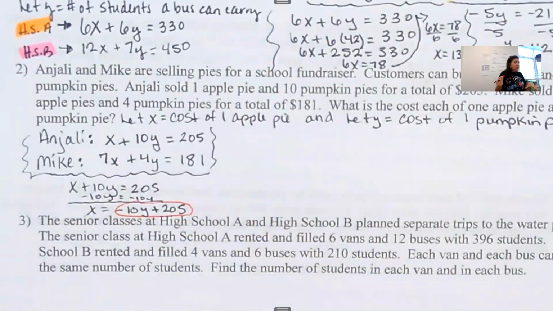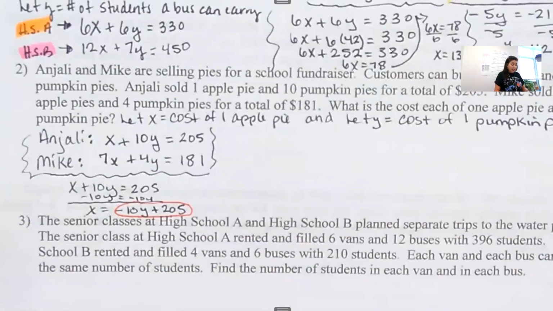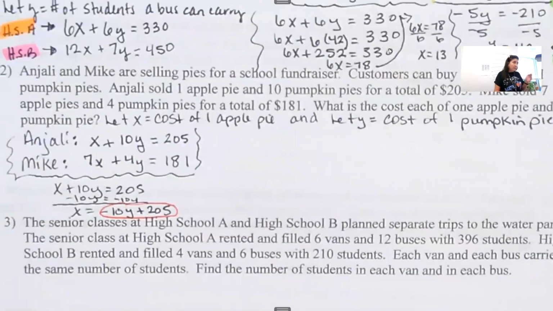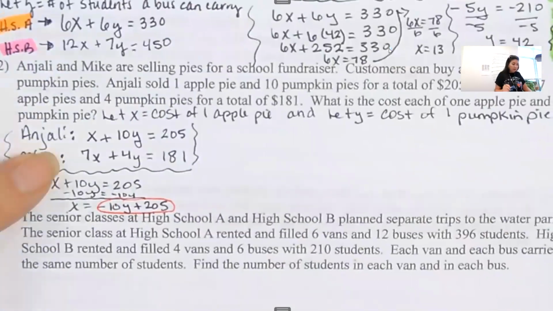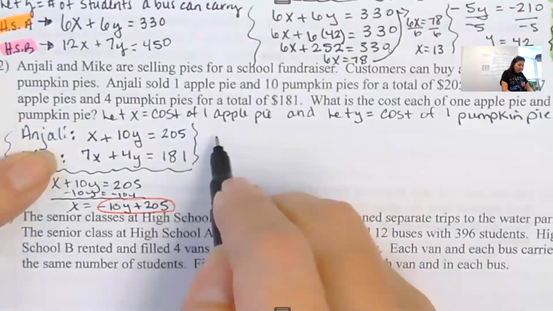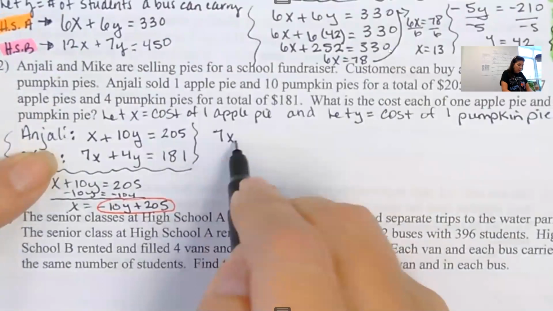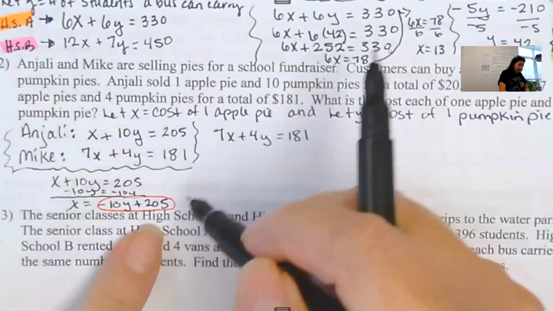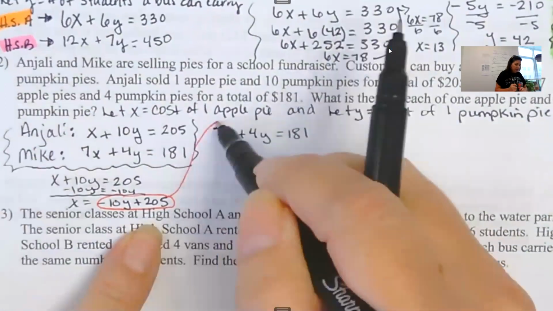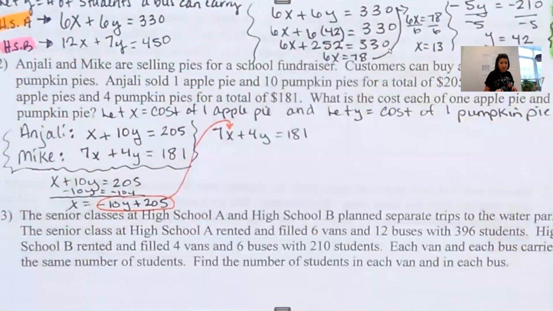So when you're using substitution, after you isolate a variable, what do you do with that? Plug it into the other equation. You can't plug it into the same equation. So substitute is the word we use. So the other equation, 7x plus 4y equals 181. I now know that x is equivalent to negative 10y plus 205.